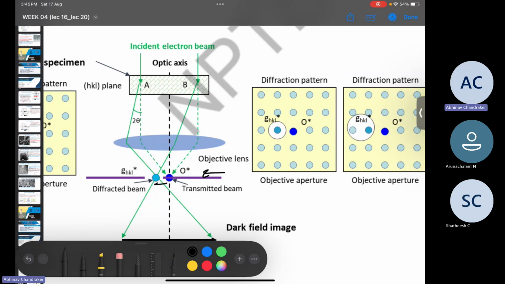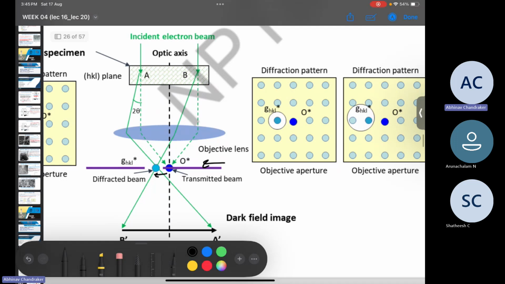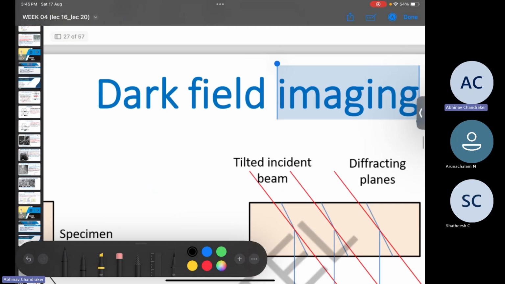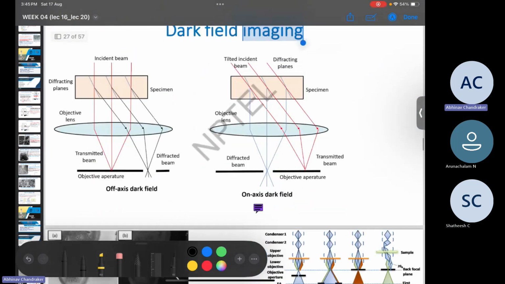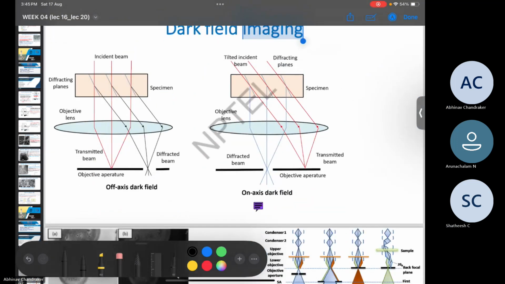So the aperture was shifted from the optic axis, and as a result, only those electron waves which got diffracted by some angle are able to pass through. This is called the off-axis dark field imaging.